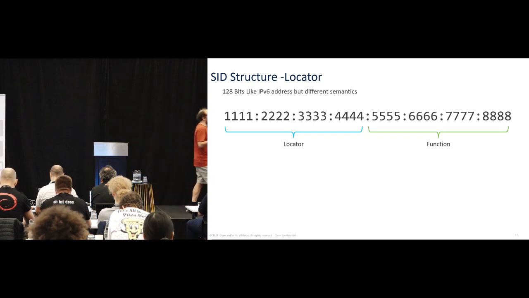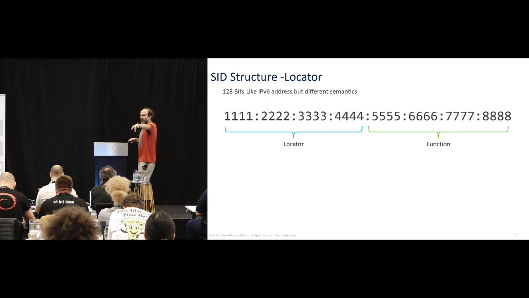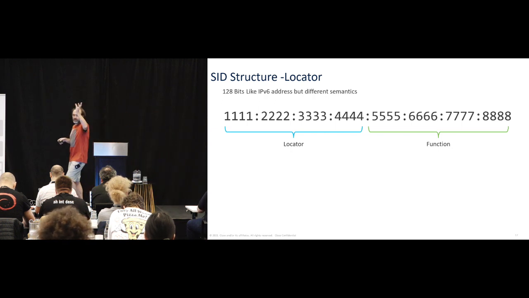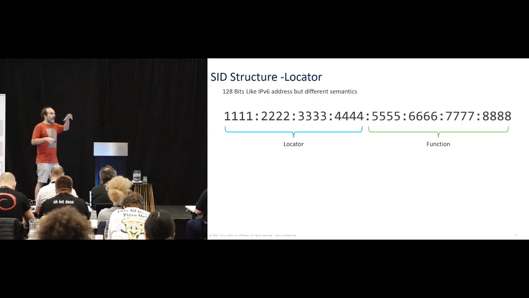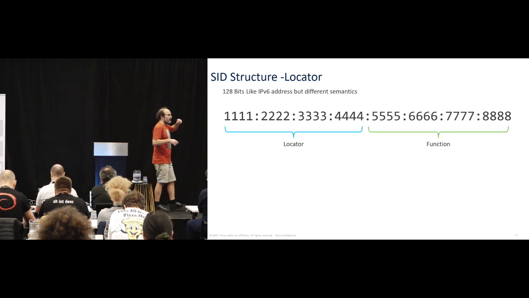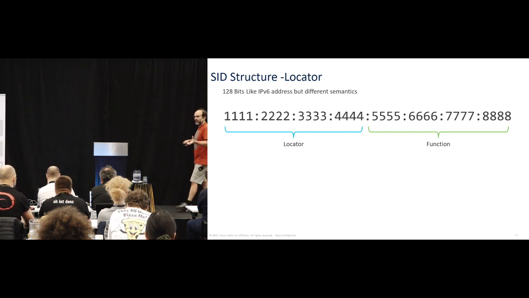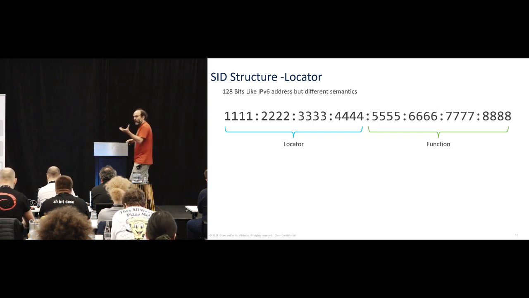Right now, we will split that structure into two portions. One portion is a certain number of most significant bits. In here, it's 64 on that picture, but it can be anything. We call that the locator. And that part of the SID is exactly like an IPv6 address. It has routing capability, and it is always in a routing table.